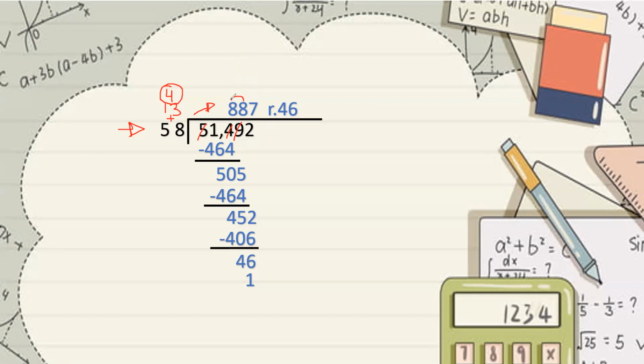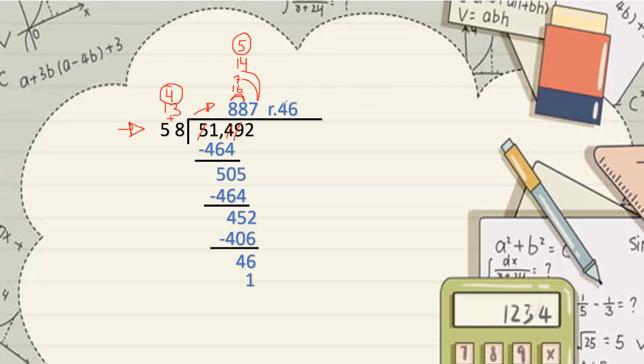Remember, 8 plus 8 equal 16. 1 plus 6 equals 7. And 7 plus 7 equals 14. And 1 plus 4 equals 5. So that's why we get 5.